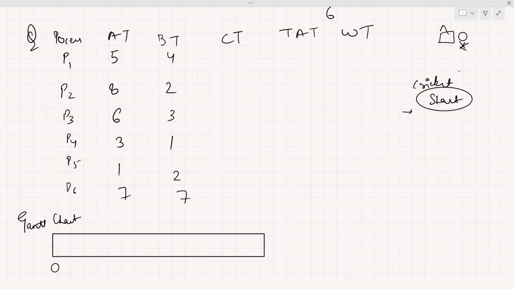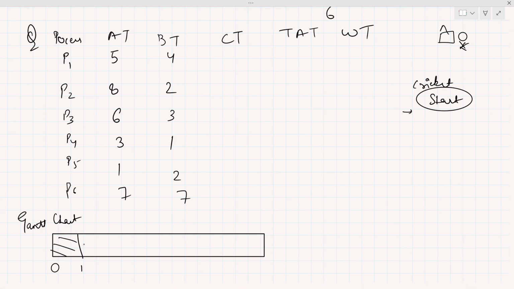A similar situation occurs in this case as well. At arrival time 0, we have no processes. Then how can we write processes there? So definitely we are not going to write anything. So from 0 to 1, the CPU becomes idle.